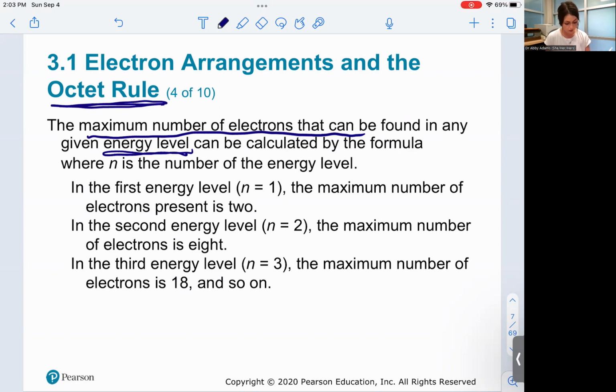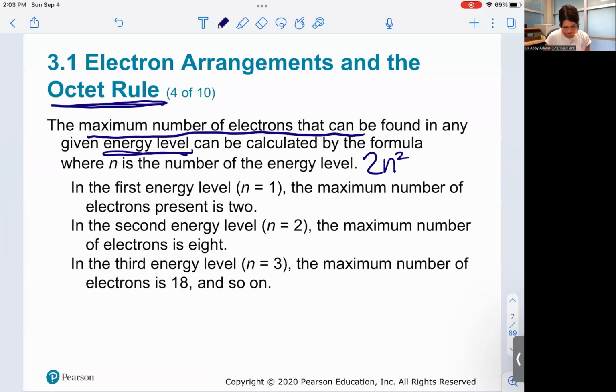All right, and so the formula is going to be 2n squared. All right, N is the number of the energy level, okay? So let's see if this works out. All right, let's see if this checks out.